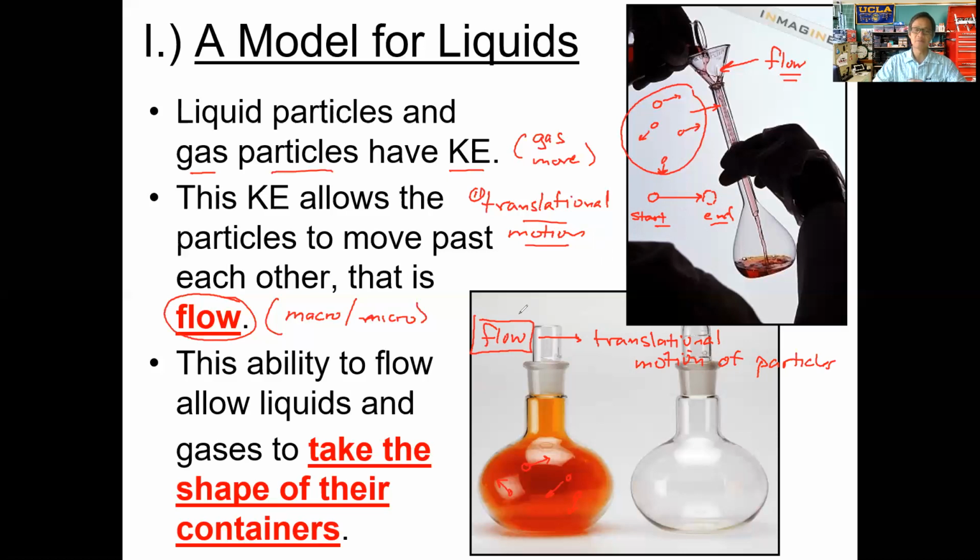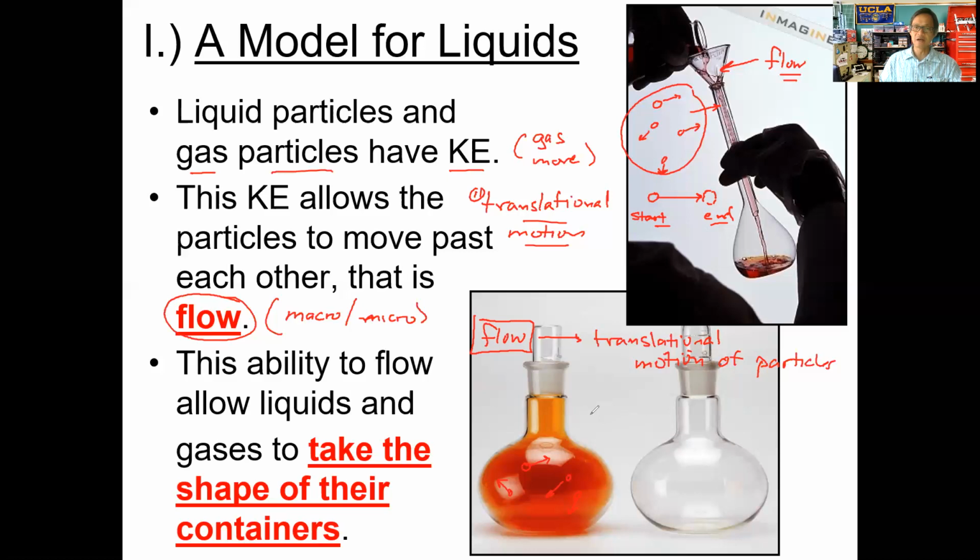Now, the ability to flow allows the particles to assume the shape of their containers. If you take a look at this container here, when you pour bromine gas into it, you notice that the bromine gas assumes the shape of the container.